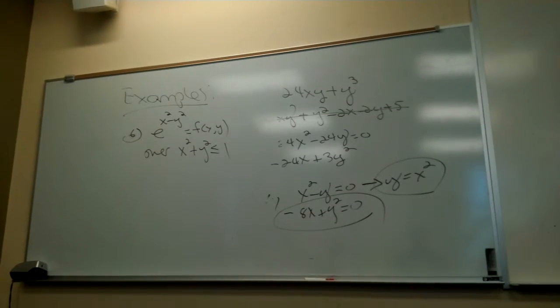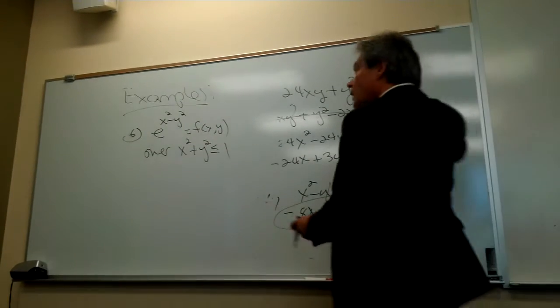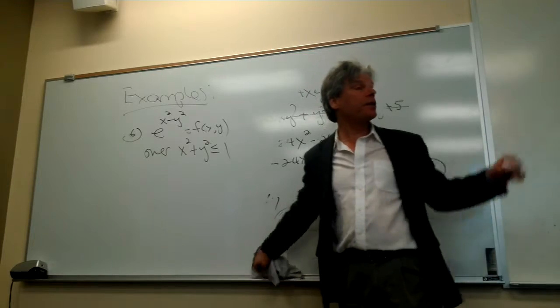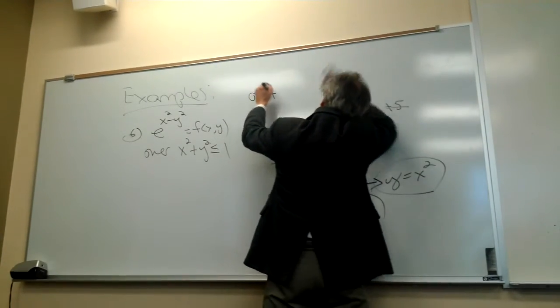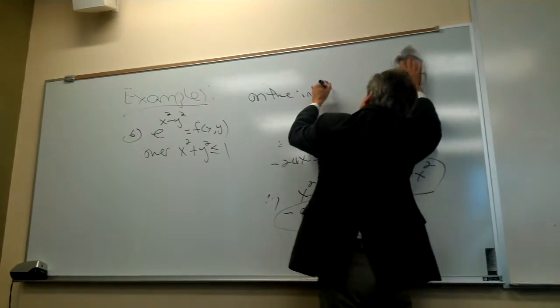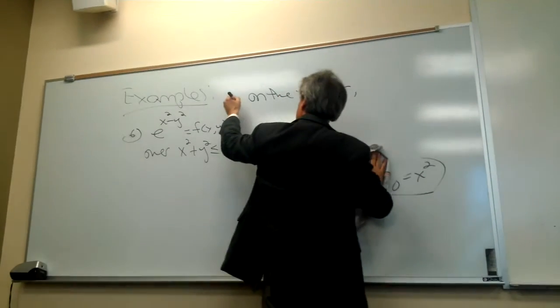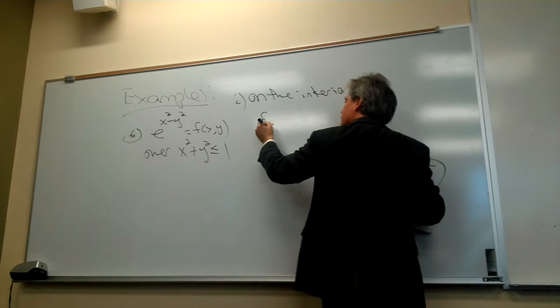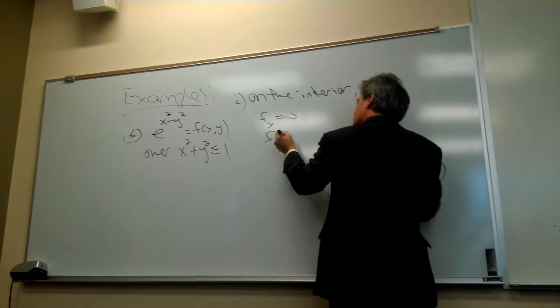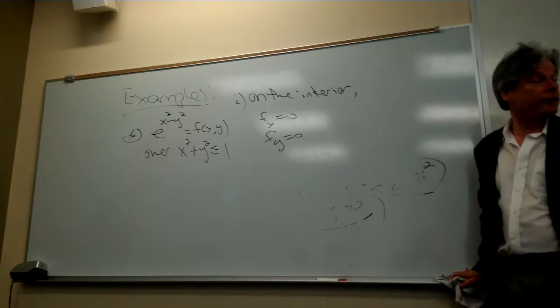So first things first. On the interior, that really does amount to nothing more than the second derivative test. So on the interior, I will yet again solve a system of equations, because my first step is to try to find my critical points.